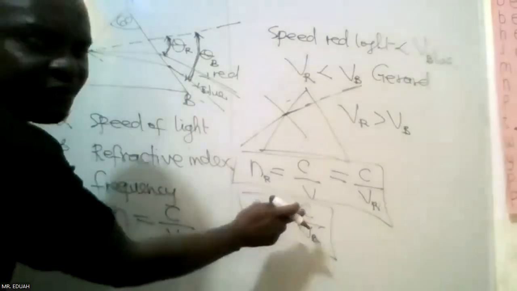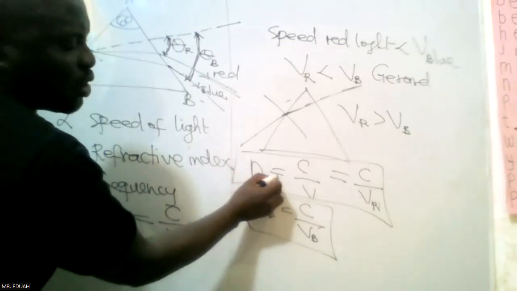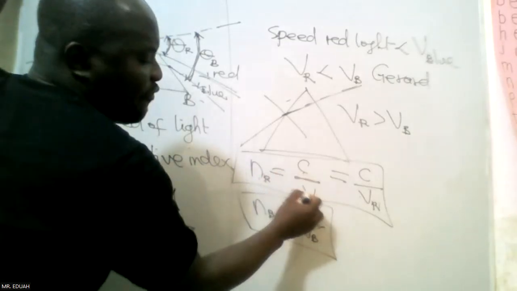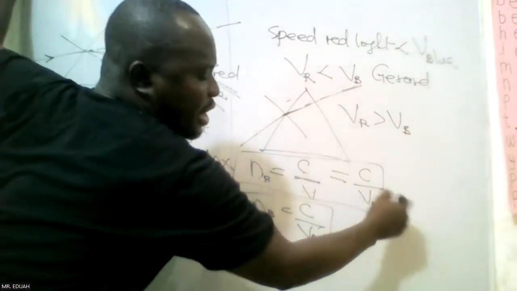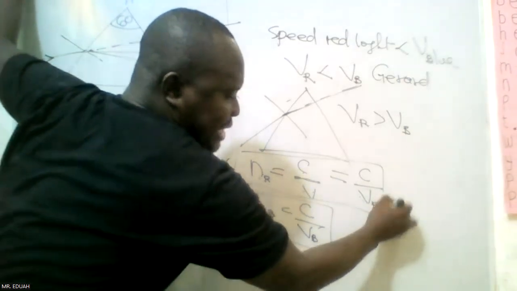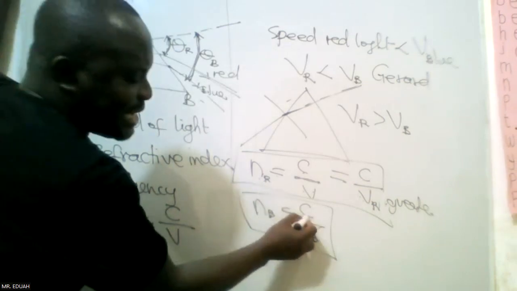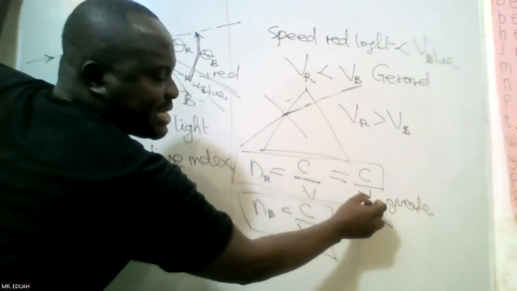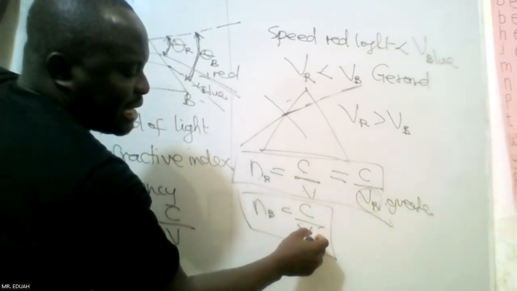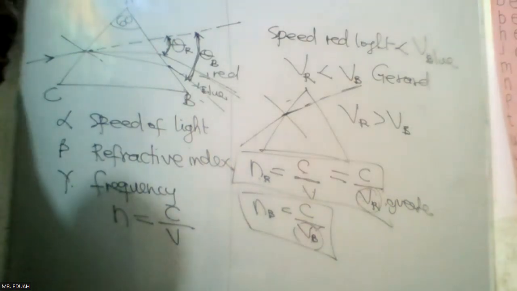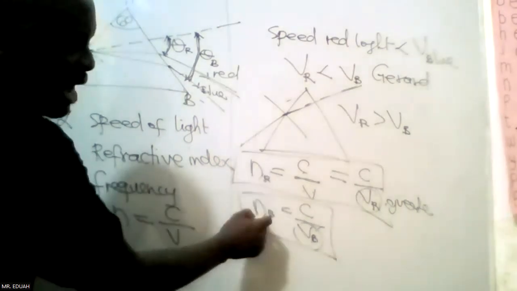For red light, the refractive index is equal to C over VR, and VR is greater. Then the refractive index of blue light is C over VB. We have this denominator greater than this denominator. So Adwa, which one will be greater? Will it be NR or NB?